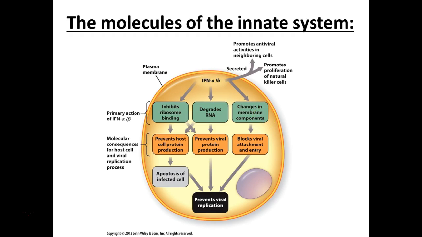So hopefully, remember the first step of a viral infection is they have to do what to our cells? They got to attach. So if we change our membrane, those receptors might not be available to them to attach. So we may be able to stop them from even getting in. And of course, if they can't get in, they can't replicate. We can stop this cycle.